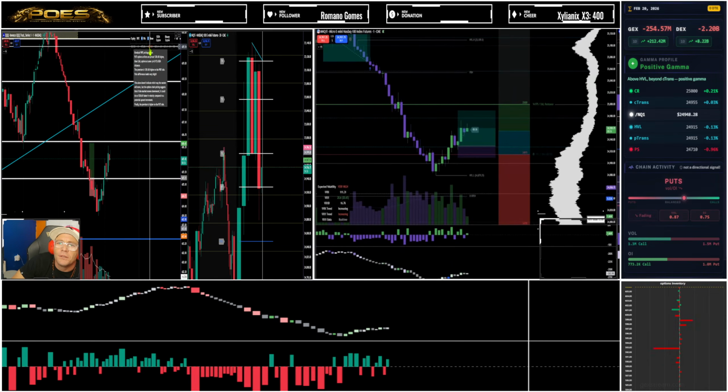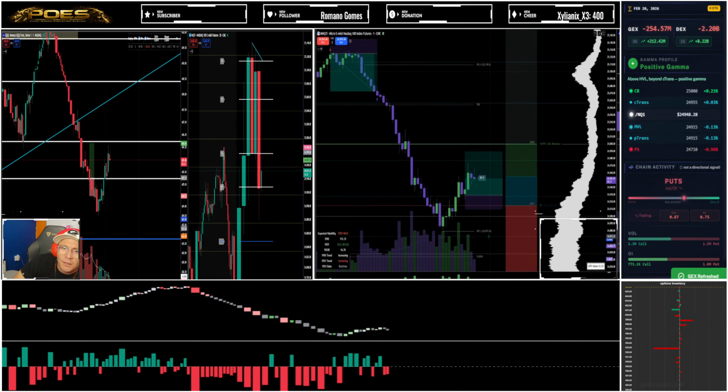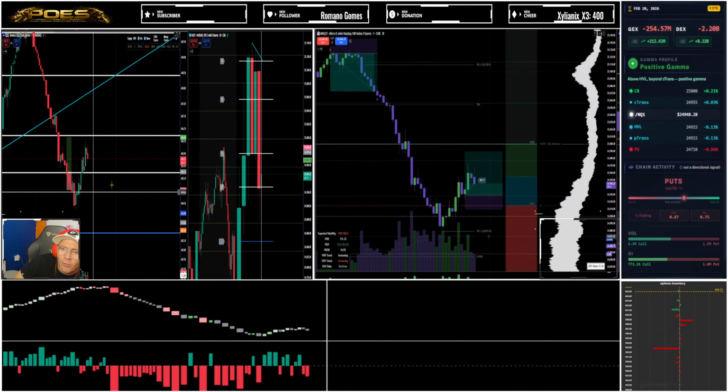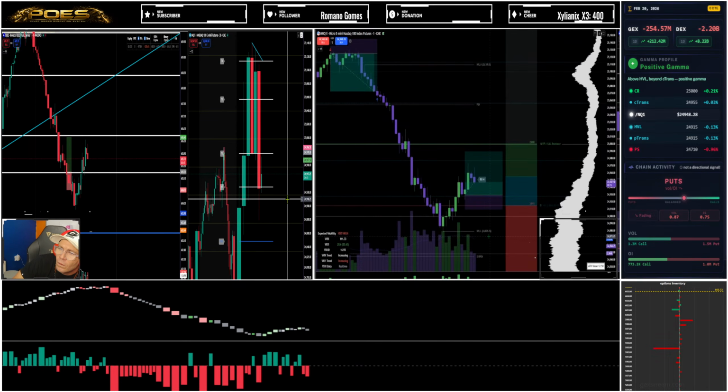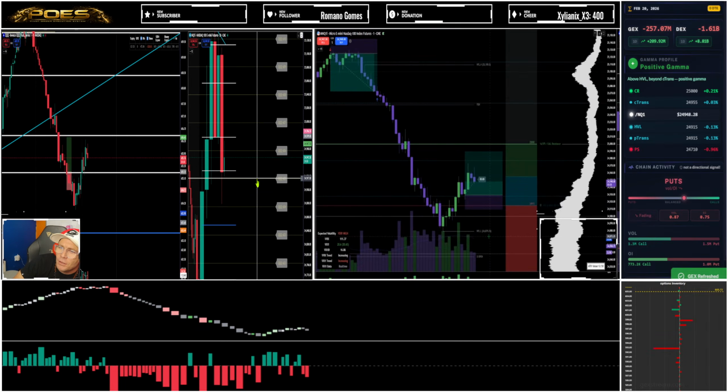Where's our skew? Skew still sitting at 120, but I don't trust that as much as I used to. $25,915 would be the call. 915, yeah, right there from 605. So 605 on the Qs.